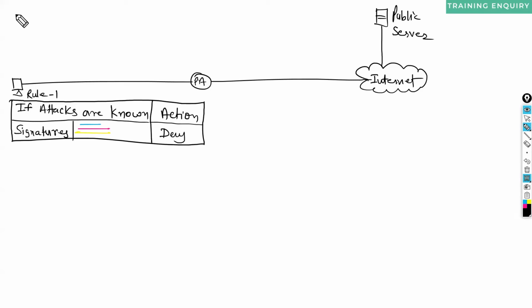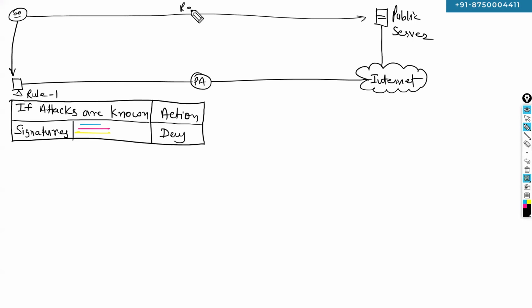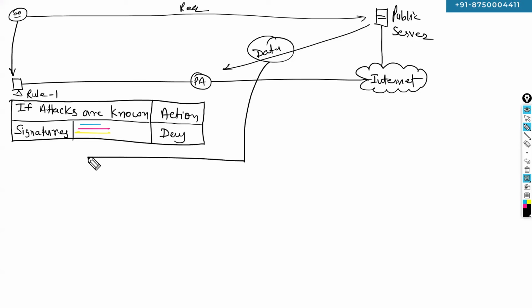Now we have a user sitting on this PC. That user sends a request to the public server through the firewall. The public server gives a reply, and in the reply, the public server sends some data. The data which the firewall receives in the response, the firewall will match with known attacks.